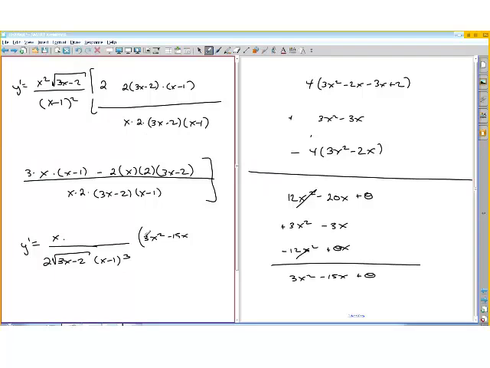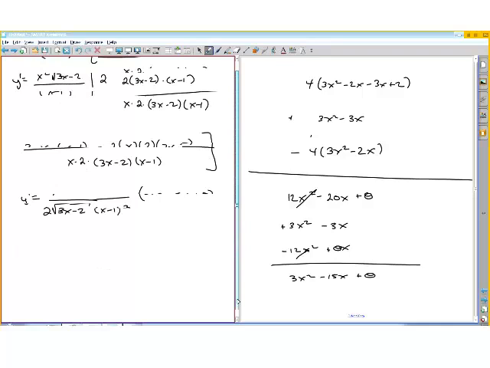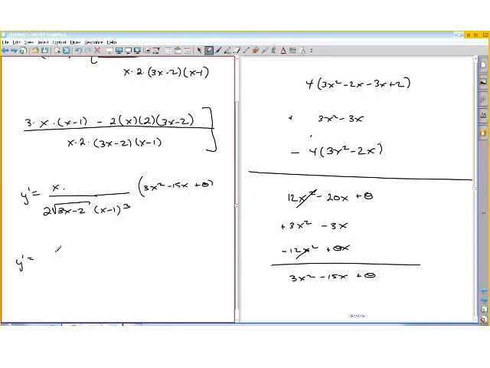So we get 3x squared minus 15x plus 8. So the final answer is 3x cubed minus 15x squared plus 8x divided by 2 times the square root of 3x minus 2 times x minus 1 quantity cubed.